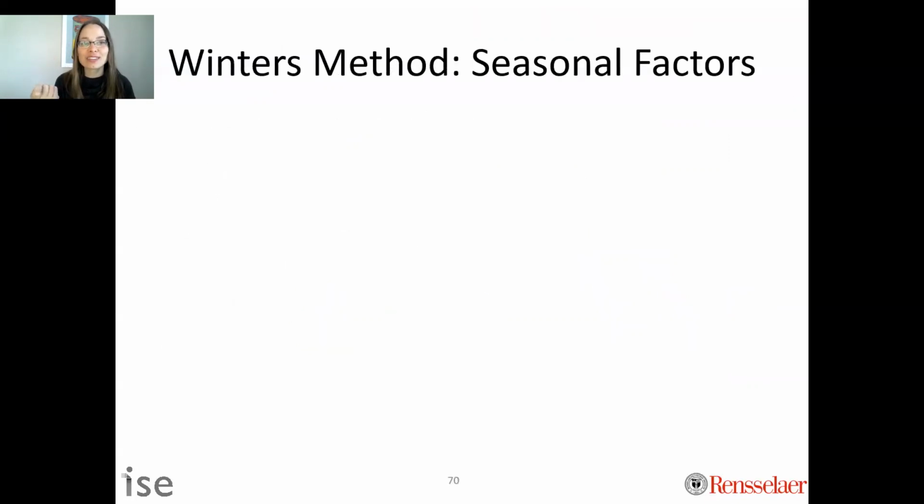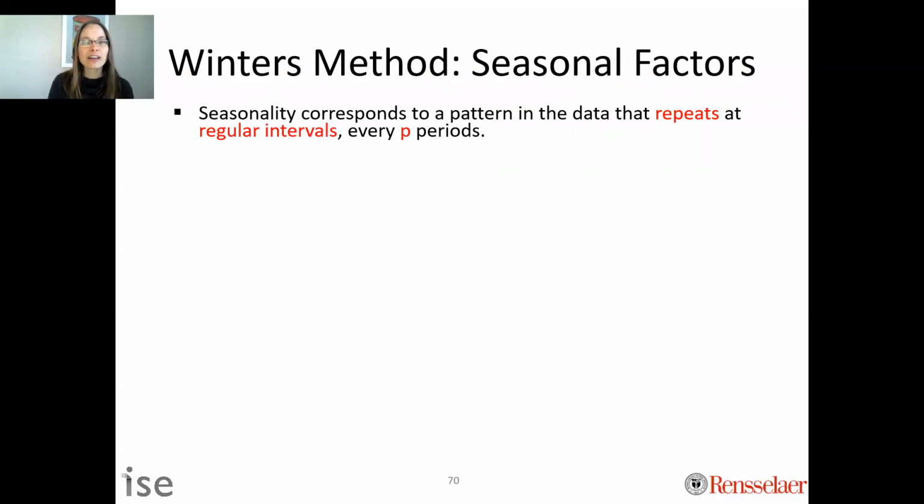Okay, so how does that work? One thing that's new in this method that we haven't talked about in previous methods is these seasonal factors. So let's spend a little bit of time talking about them. Seasonality corresponds to a pattern in the data that repeats at regular intervals, every P periods. If you have a yearly seasonality, then P would be 12. Every 12 months, I get this component.